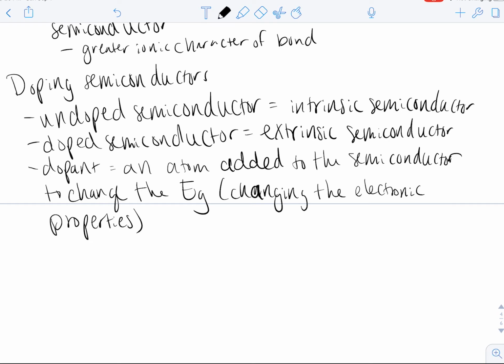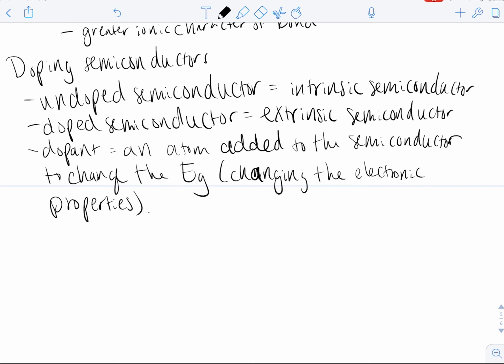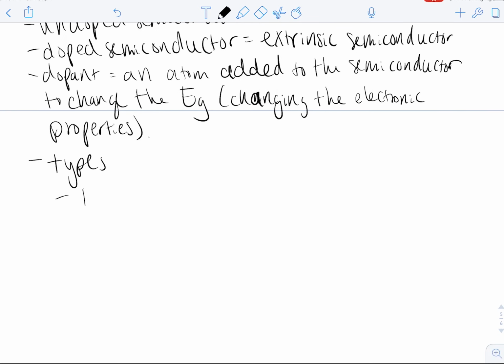So we have two types of doped semiconductors. We have an N-type, which we call a negative type. This is made by adding in a dopant that has more valence electrons than the host, or intrinsic, semiconductor.